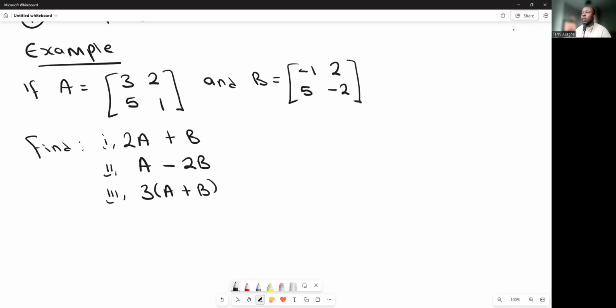All right, so let's do this together. So let's start with the first one. We're told to find 2A plus B. So what do you do first? So like I always say, when you have things like this, you can break it down to solve them separately, then add them together.